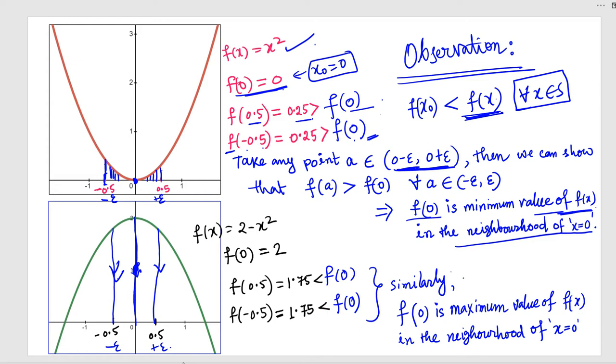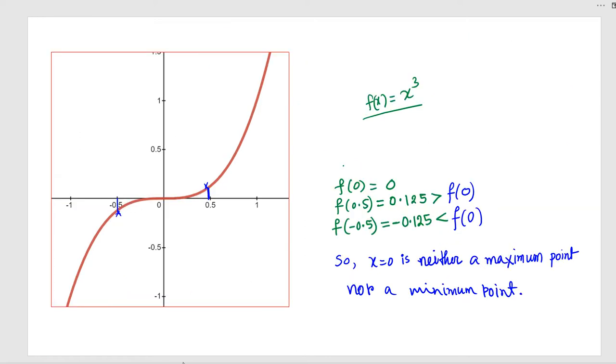But if you think about another function, f of x equals x cube, and you take f of 0 equals 0. But if you think about the point 0.5, f of 0.5 is actually 0.125, which is greater than f of 0. And here, if you think about this, this is less than f of 0.